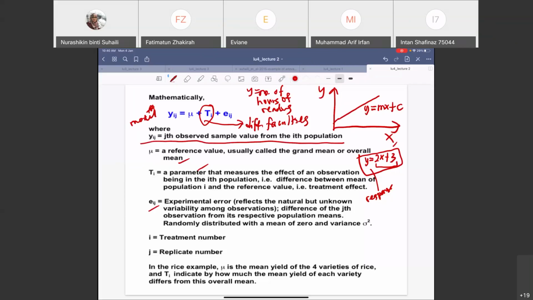The eij is the error. Okay. So this is just to show you that at the end, the response can be related, can be correlated with the factors and all these errors in terms of the equation, or linear, in terms of the mathematical model. So this one we call a model. Model.